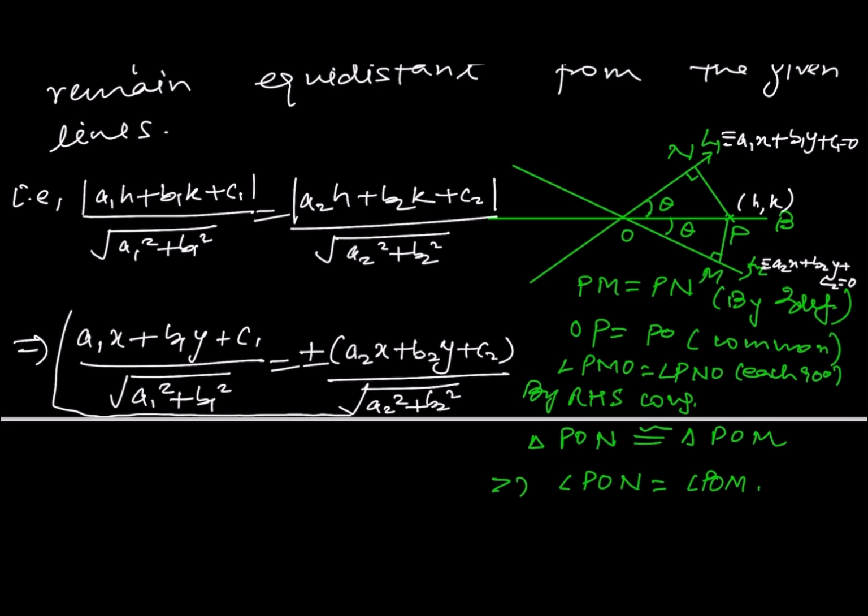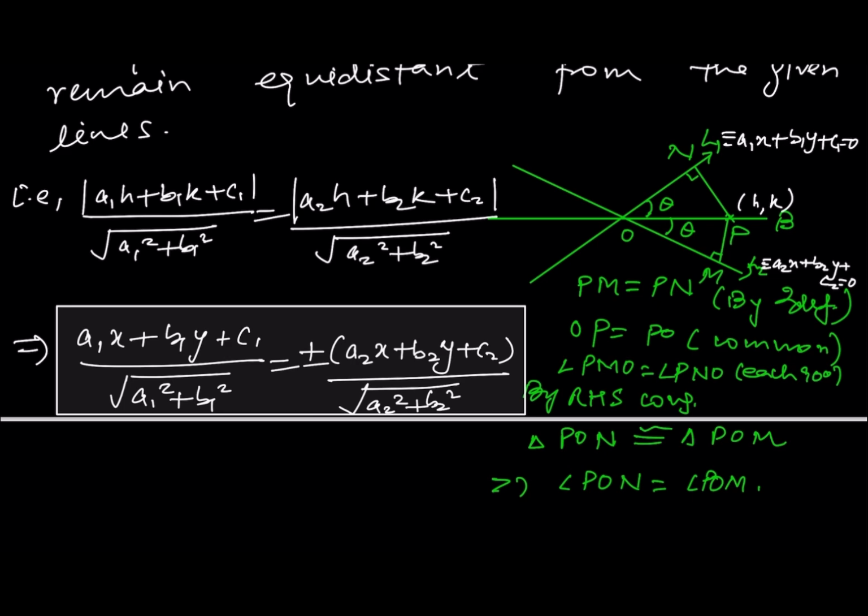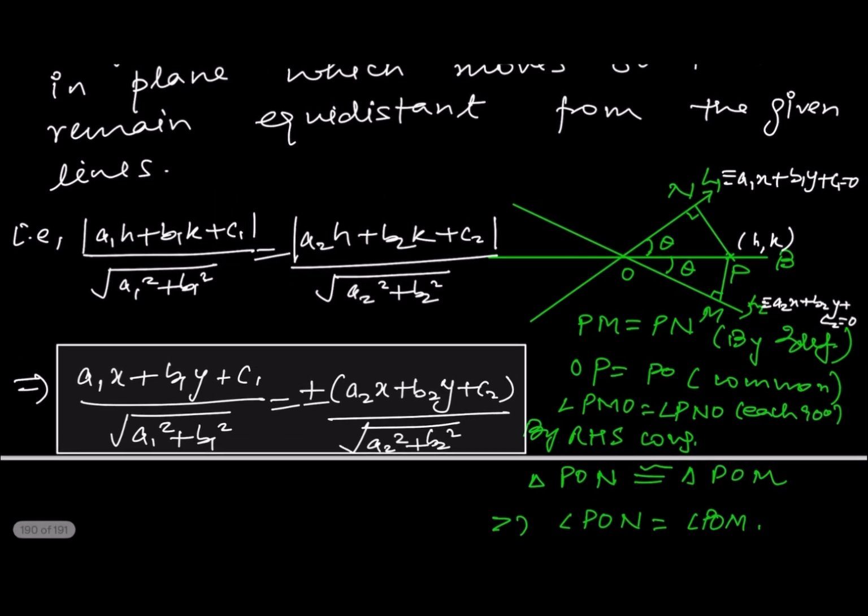So here we can see that there are two equations, one for positive and one for negative. It means there are two angle bisectors.